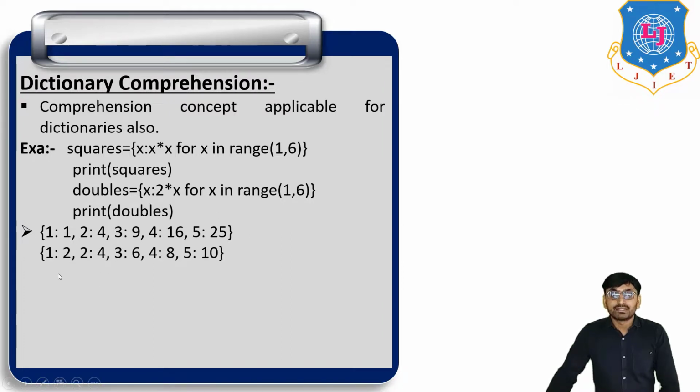Okay, so we get the answer 1 and 2, 2 and 4, 3 and 6, 4 and 8, 5 and 10. Because the key is x and the value is 2 times x. Okay, so this is about dictionary comprehension, and this same concept we run in PyCharm.